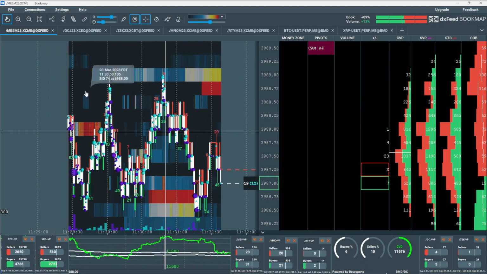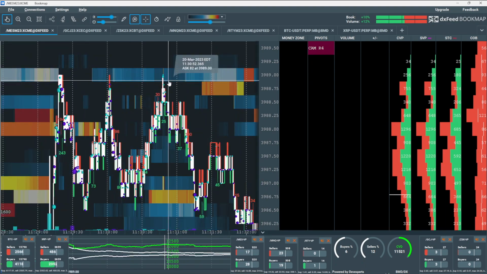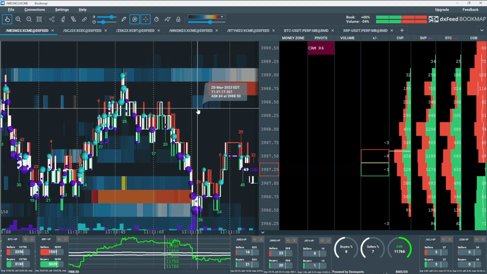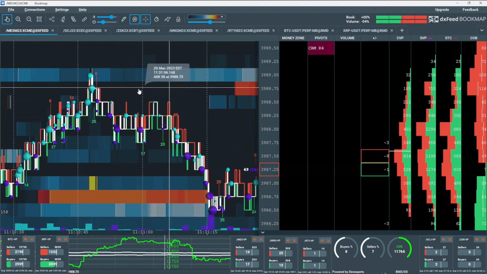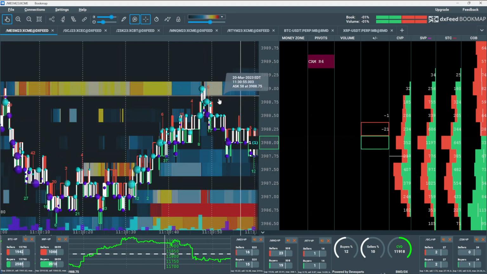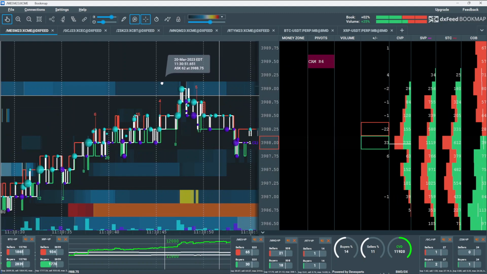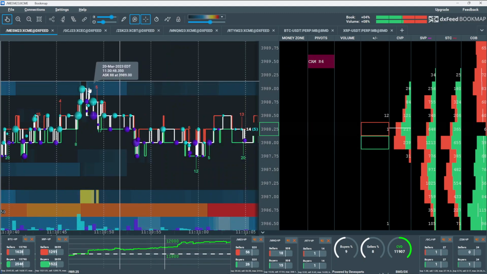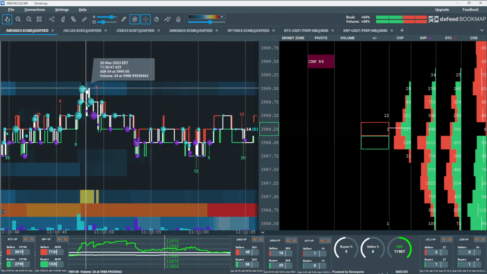So you can see it's creating a triple top. Exhaustion at the top, creating a triple top right there. We had some initiative participants try to come in here, but they basically failed. It wasn't enough to push price higher.